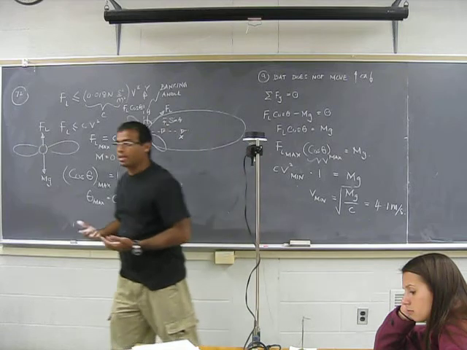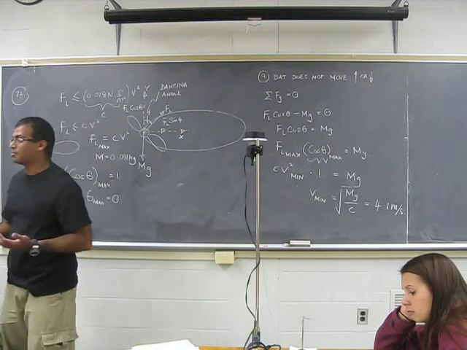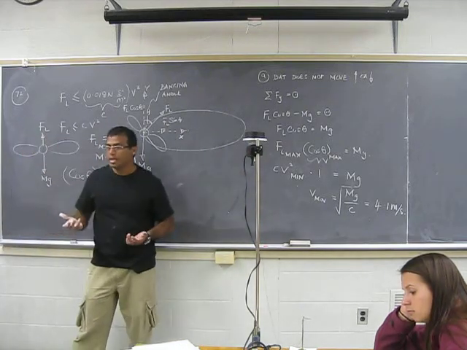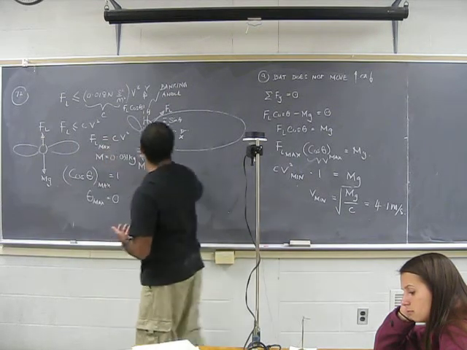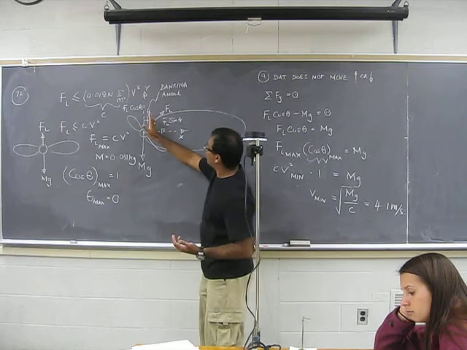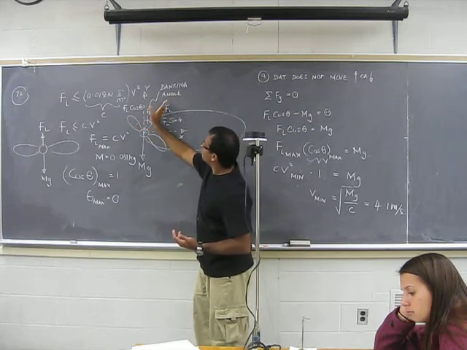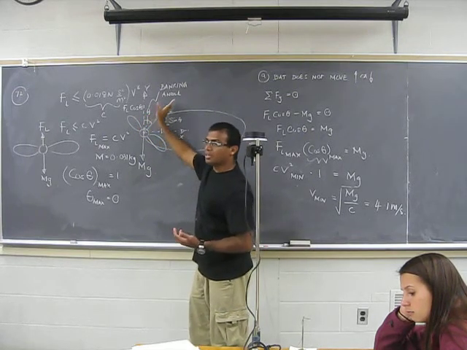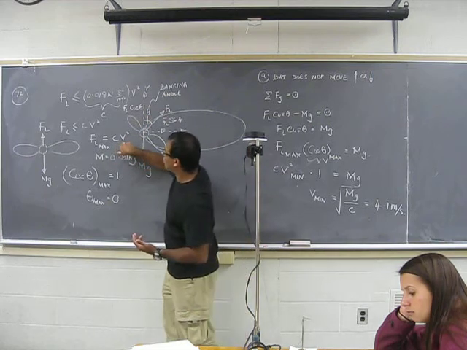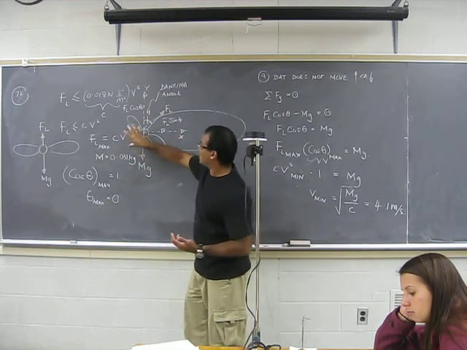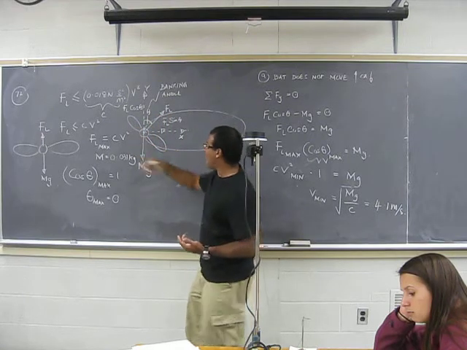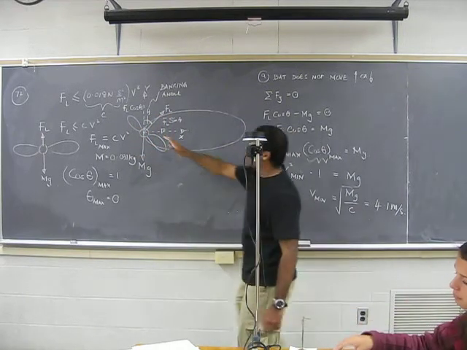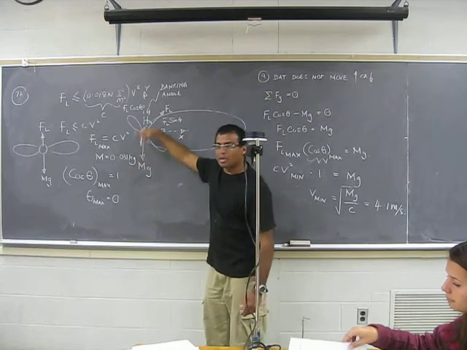On the other hand, think about military aircraft like the F-22, right? They can travel at very high speeds. That means you can increase this velocity, and therefore you will have a very high lifting force. So the lifting force depends on the velocity. Since it can go at very high speeds, it can always have this. And also the mass is low, which means the weight that's pulling down is low.